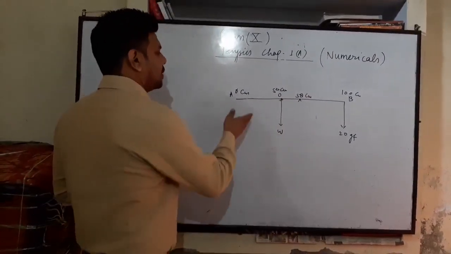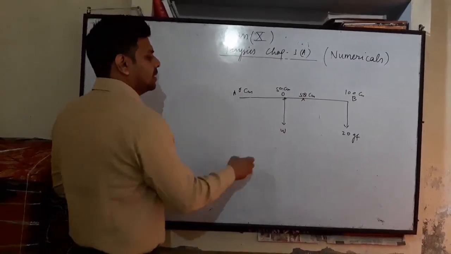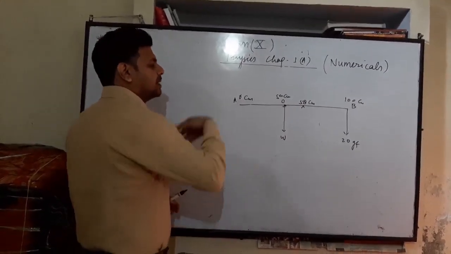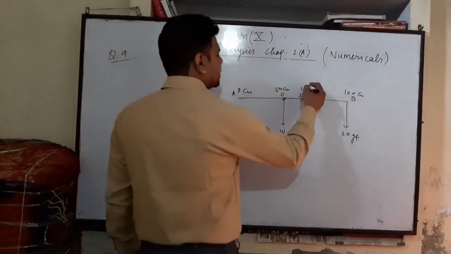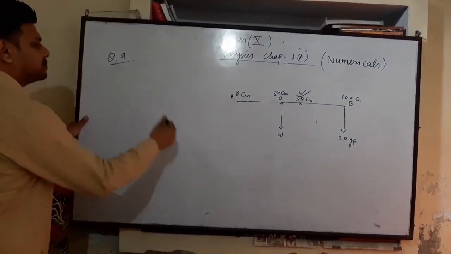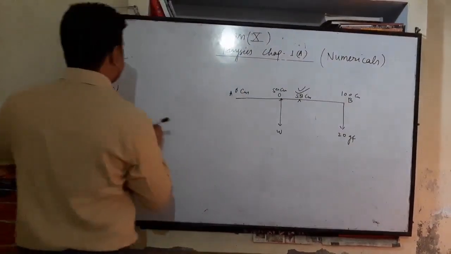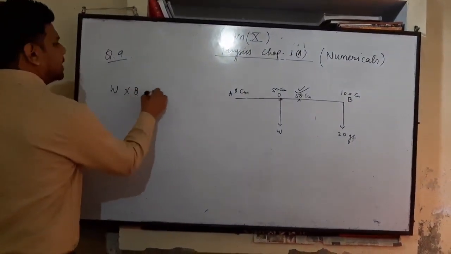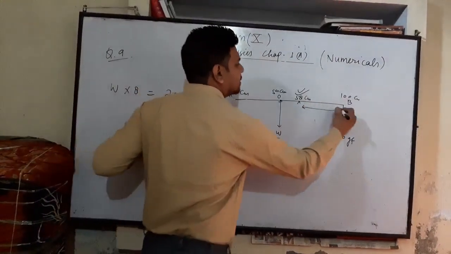Then for keeping this rule in horizontal position, total anti-clockwise moment must be equal to clockwise moment. The pivoted point is at the 58 centimeter mark. Then anti-clockwise moment is W, this force, and the perpendicular distance, what is it? 8 centimeter, is equal to 20 into this distance.